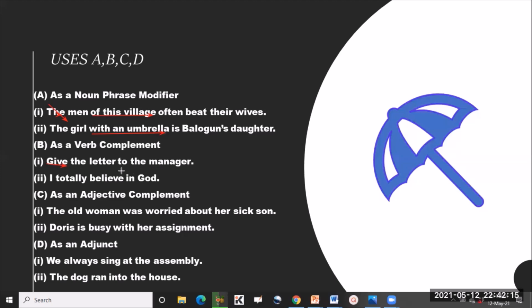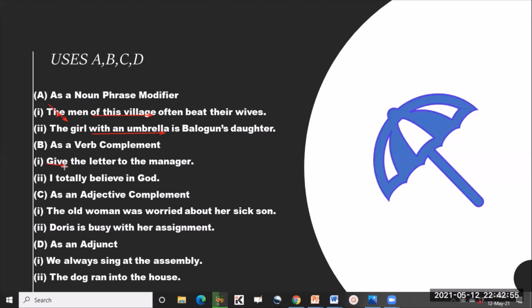But here you discover that because we are using a preposition, we are making this indirect object embedded within the prepositional phrase. But all in all, it is completing the meaning of the verb. If we remove the preposition, we can bring the manager directly near the verb give. We can say give the manager the letter.